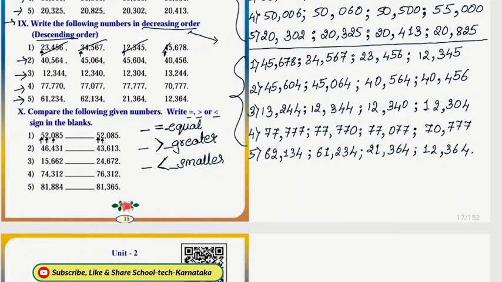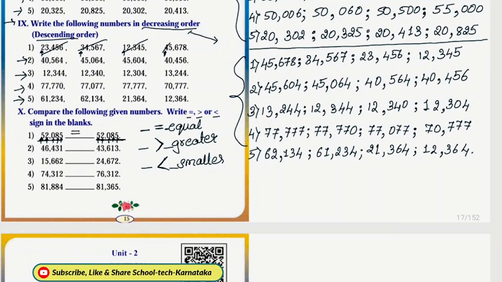So at hundreds place we have 0 here and 0 here. Since zeros are equal on both sides, we move to tens place. We have 8 here and 8 here. It is equal again, and we move to units place. At units place we have 5 here and 5 here. Since all the digits on the left side are equal to all the digits on the right side, we write the equal to symbol.